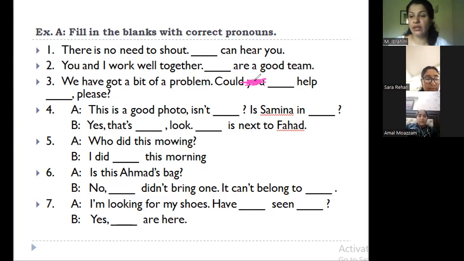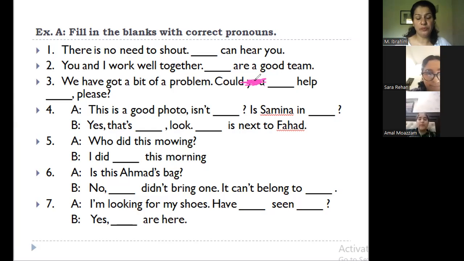Who did the mowing? I did this morning. Who would like to do this one? Very good. Yes, Sarah, do the next one. Read the whole thing. Is this Ahmad's bag? No, he didn't bring one. It can belong to him. Very good.